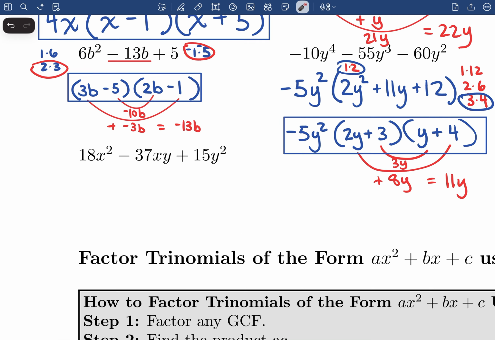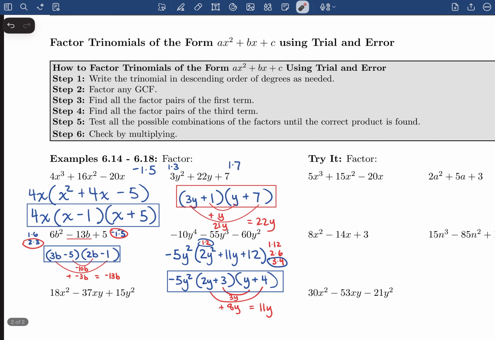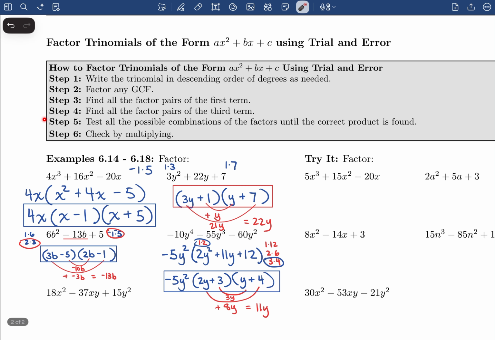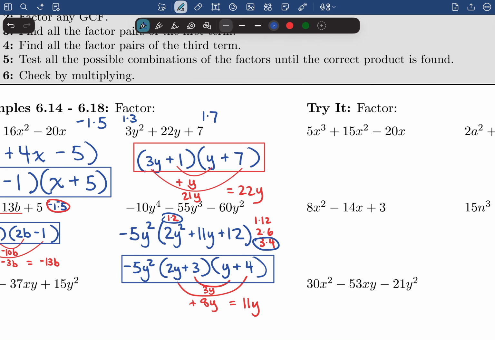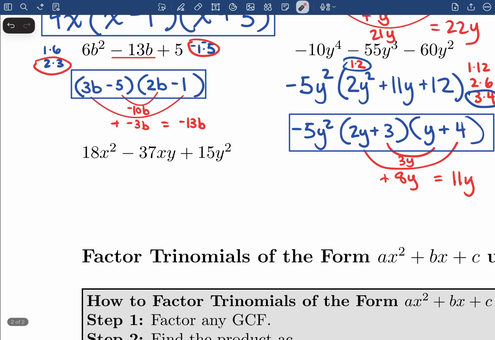Now let's look at this last example of this section, which is 18x squared minus 37xy plus 15y squared. All right? So my brain immediately goes to this step process that we've been using this whole time. But one detail about this exact trinomial is it doesn't just have one variable, x, it also has the variable y in it.